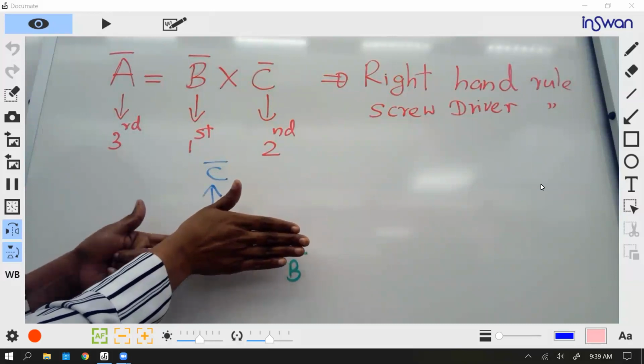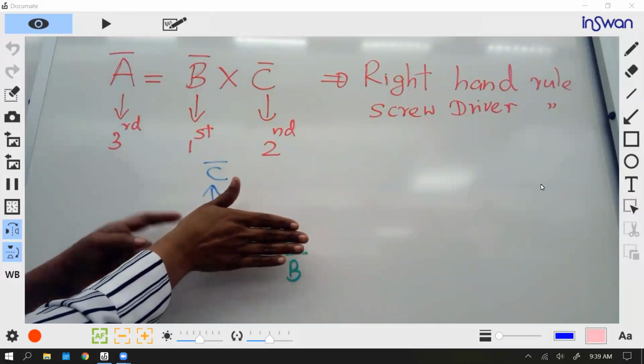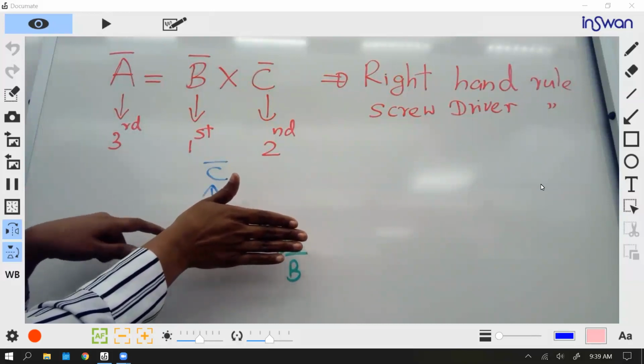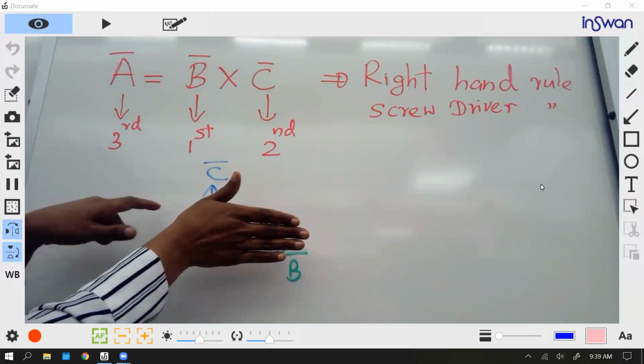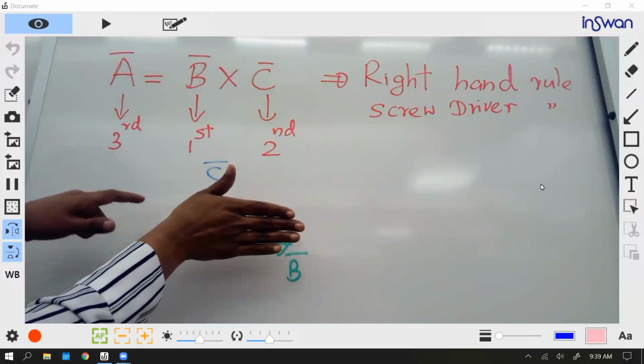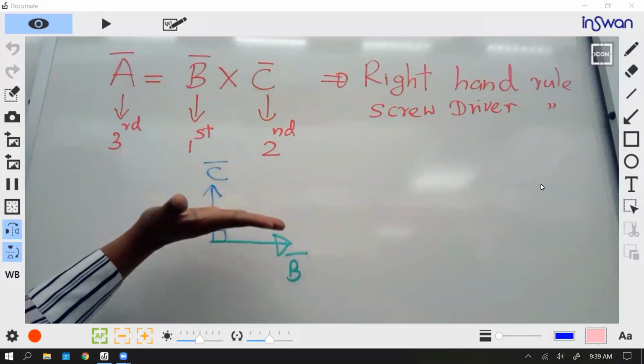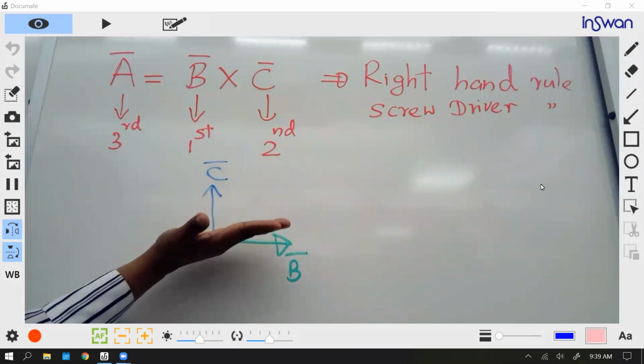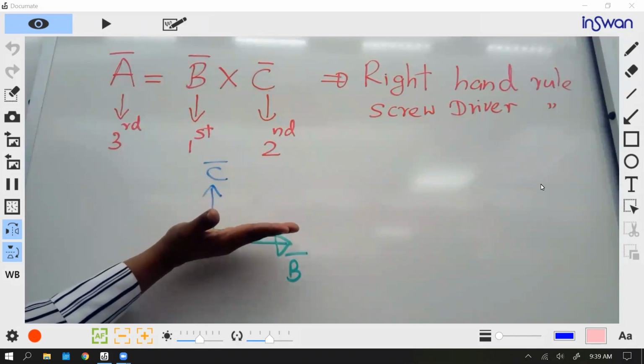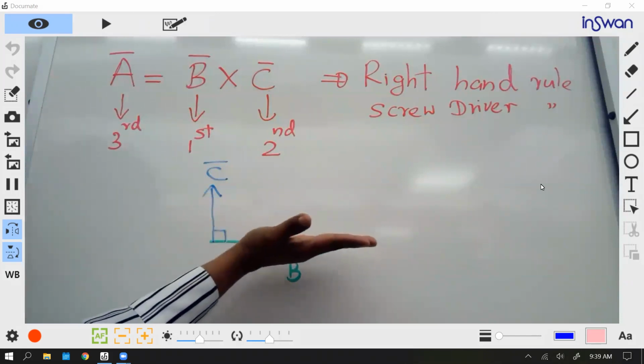In this case, if I keep my hand this way, my second vector is pointing into the board, but that is not what I want. I need to point my second vector upward. To do that, I need to rotate my hand and keep it like this, right? That means my C vector is this way.